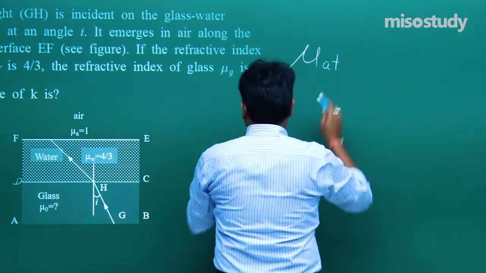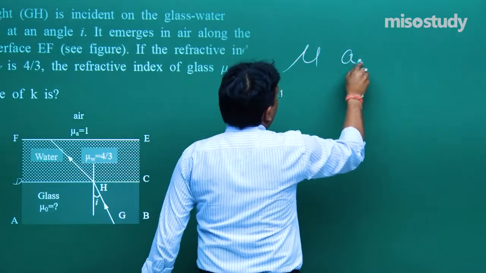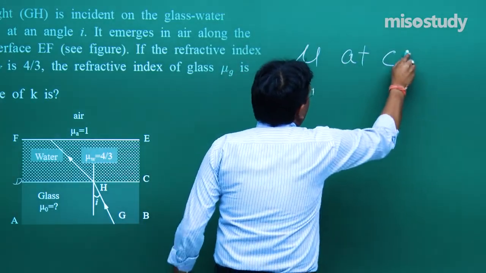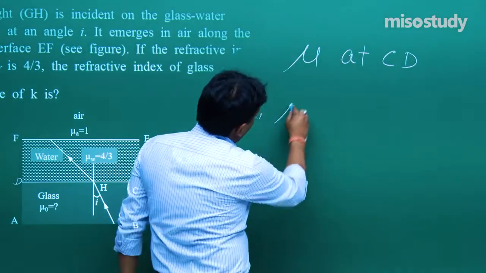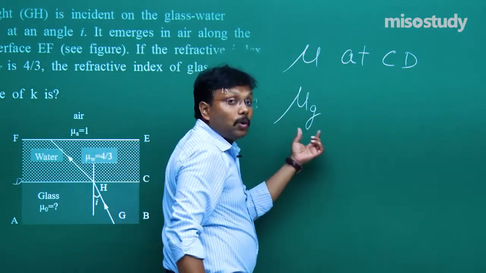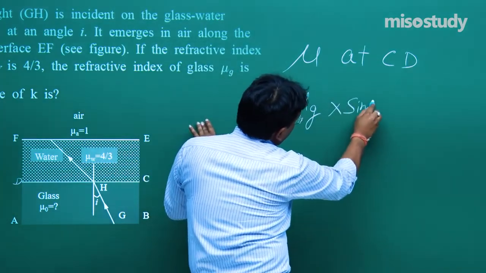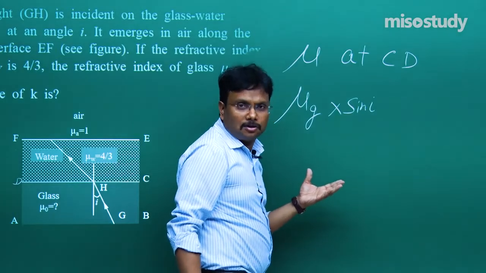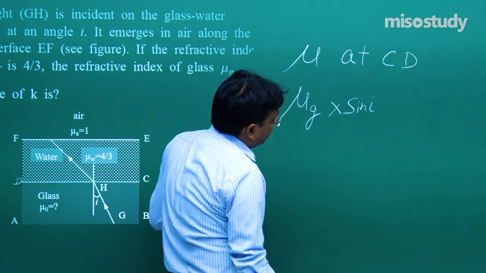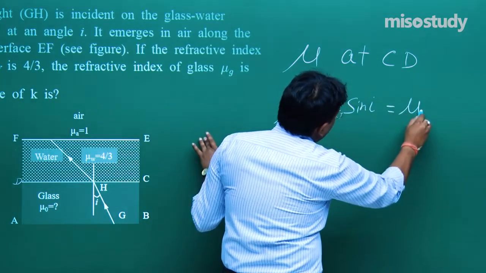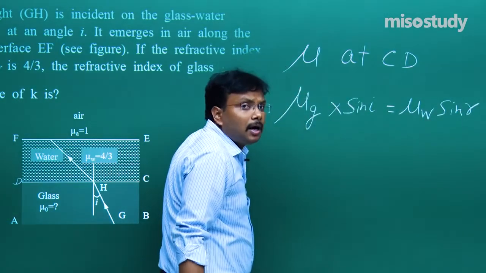Mu at CD means refractive index at CD. It is mu G, that is mu glass, mu G into sin i, basic Snell's law we are using, n1 sin i, n2 sin r, mu G sin i is equal to mu W sin r. I hope this is simple for anyone to understand.